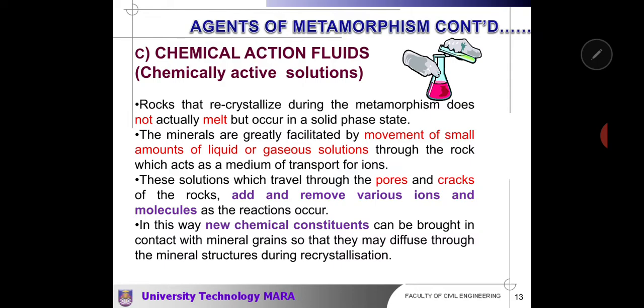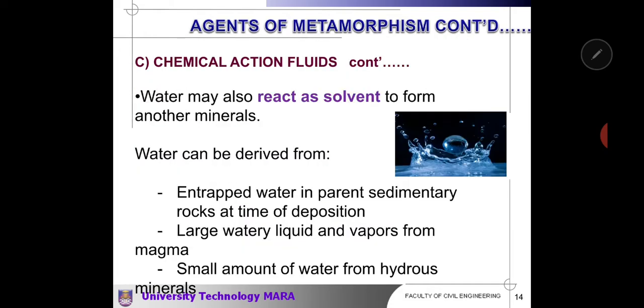You have the basics of chemicals, so inside minerals there's iron, and this iron can be transferred and form new minerals. Okay, what happens with chemical action fluid? This solution, which travels through the pores and cracks of the rock, adds and removes various ions and molecules as the reaction occurs. So this is more likely in terms of chemical reaction.